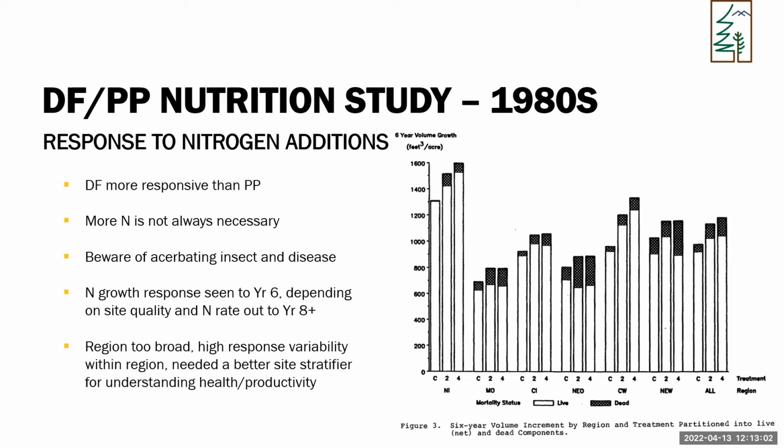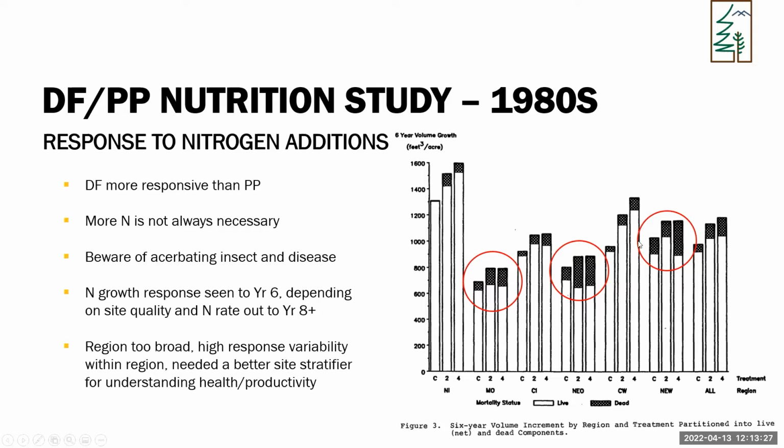And so we saw, okay, we need to dive in a little bit more. Particularly when we saw some very strong negative responses to nitrogen additions. And this was kind of a surprise to us at that time, that increasing nitrogen actually might be a bad thing. And you can see that in Northeast Washington.